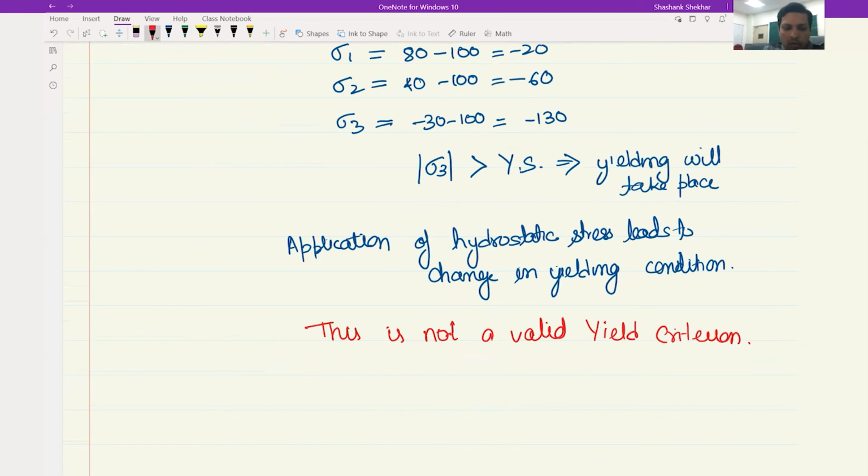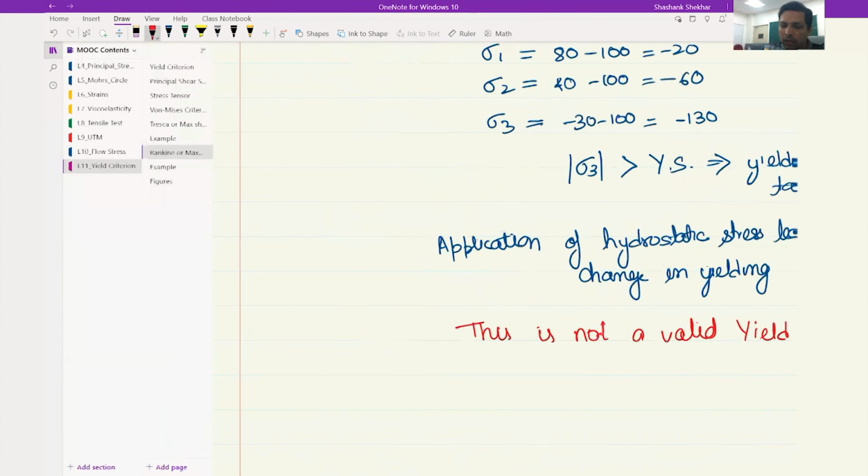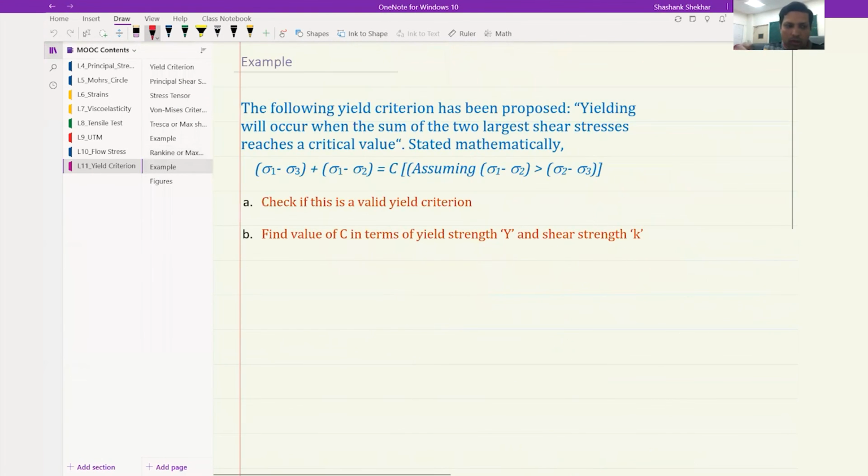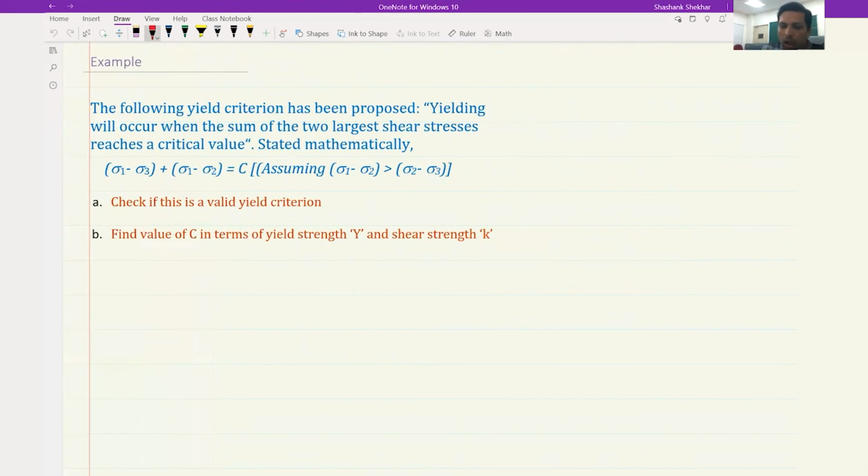Okay, so now let's move on to one last example for the day for this particular content. You are given a new yield criterion. Remember that yield criteria are not universal.